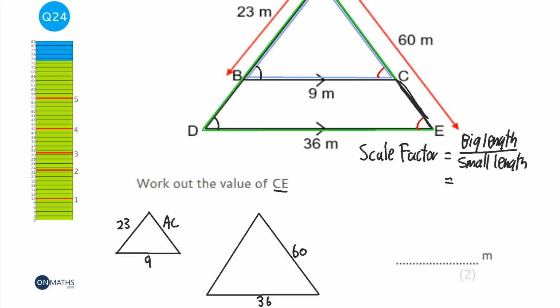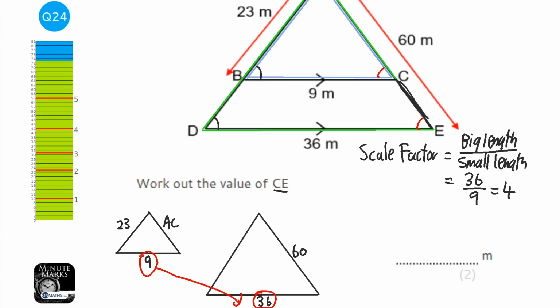Okay, so the two I'm going to pick is obviously the bottom two. And we're going to find out what we times 9 by to get to 36. So 36 over 9, and that's obviously going to be 4, because 4 times 9 is 36. So the scale factor is 4.